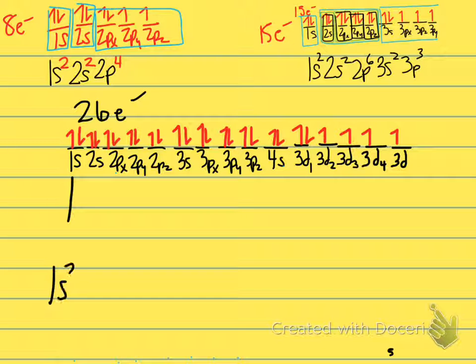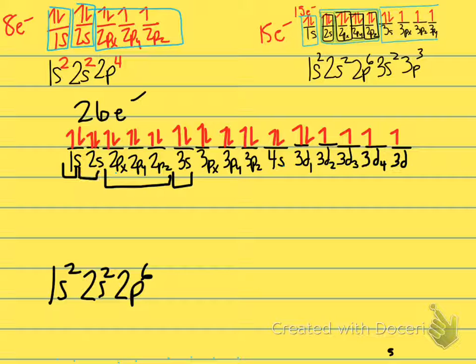We have 1s2, 2s2, 2p6, and I do find sometimes, especially with something with a larger electron configuration, if I'm going from orbital notation to electron configuration, I tend to underline and bracket my subshells because it helps me.